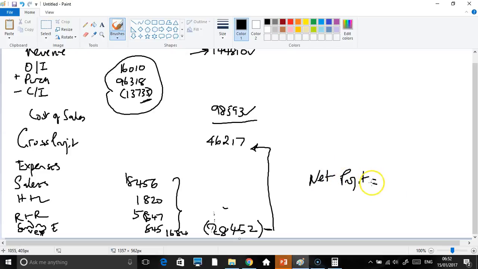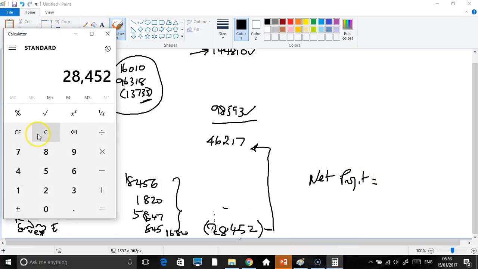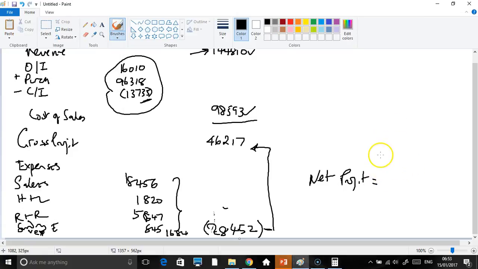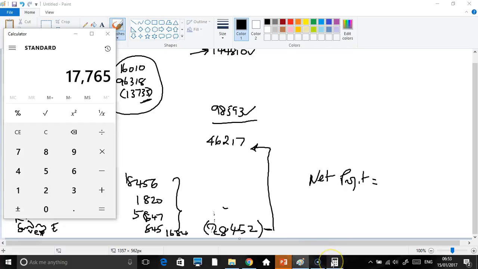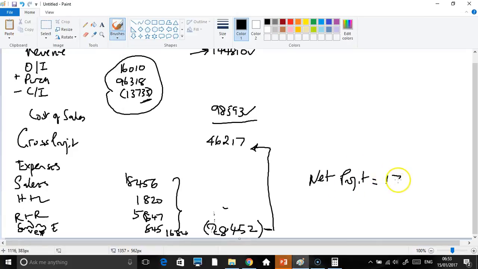Our net profit is equal to this 28,452 taken away from 46,217, and your answer is 17,765. And that's it. That's your income statement.